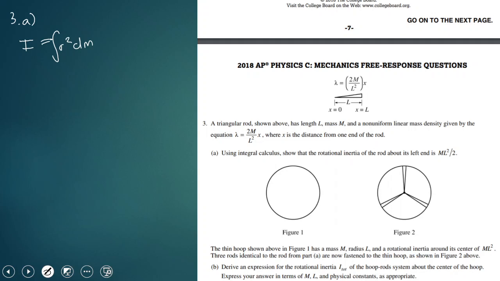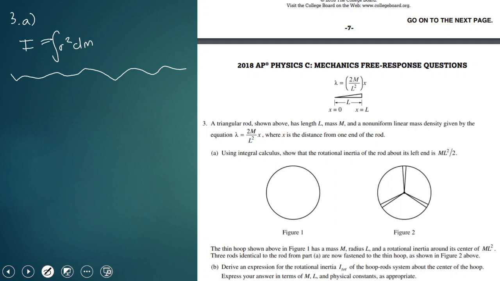Now what exactly is dm? Well, dm is a very small section of mass. And so what we can do is we can relate our non-uniform density with regards to mass. And so if you think about it, I'll just draw a little squiggly line over here. What exactly is density? And how exactly can we relate density to mass?